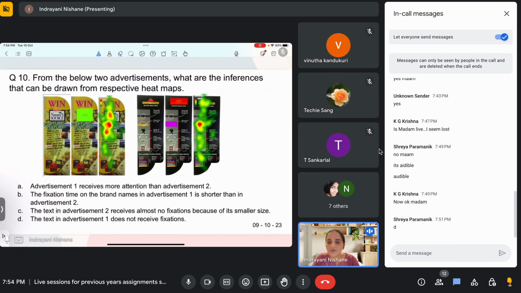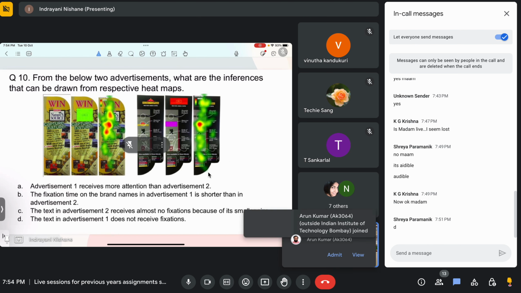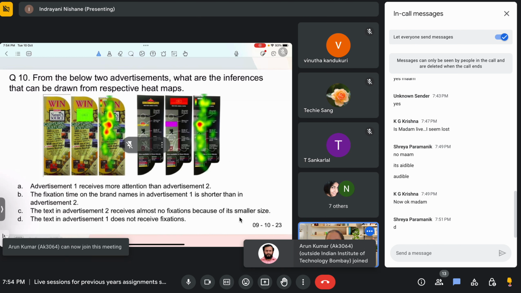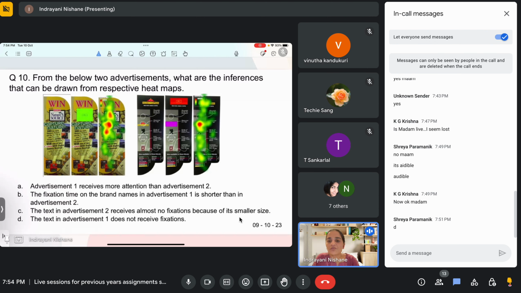Yeah. So let's look carefully at both the images and now read the options. Option A says advertisement 1 receives more attention than advertisement 2. Then going to option B, fixation time on brand names in advertisement 1 is shorter than in advertisement 2.